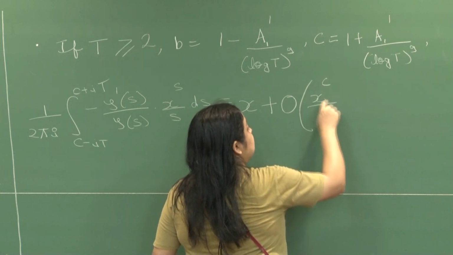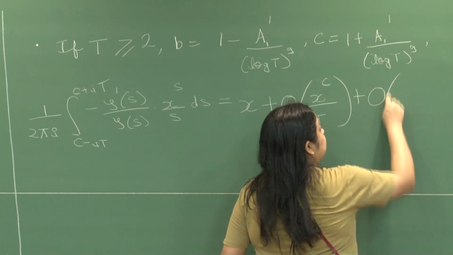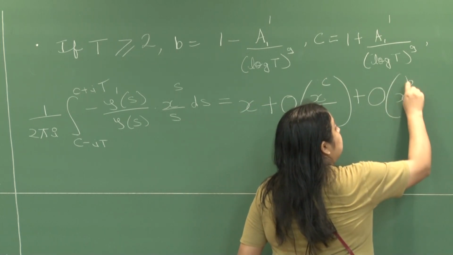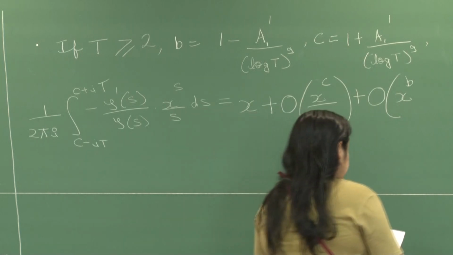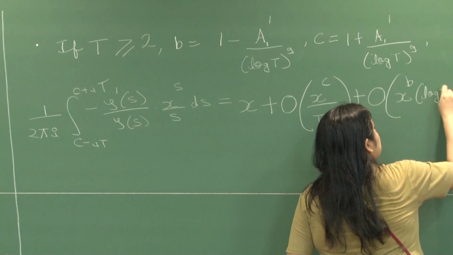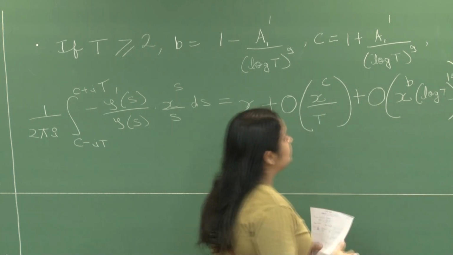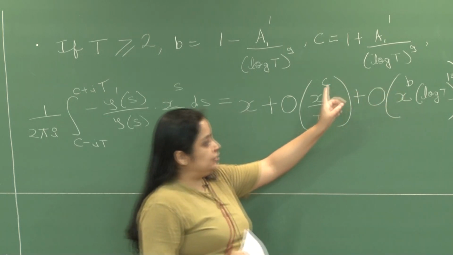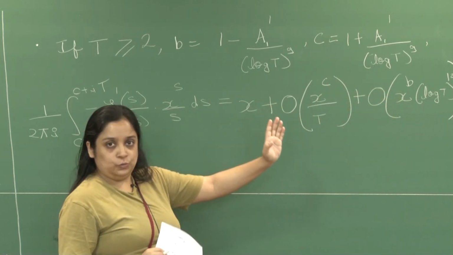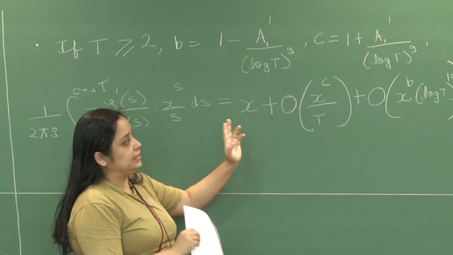x raised to the c over T, plus another error term x raised to the b times log T raised to the 10. Now notice b is strictly less than 1, although it is quite close to 1 as T becomes very large, but it is strictly less than 1.